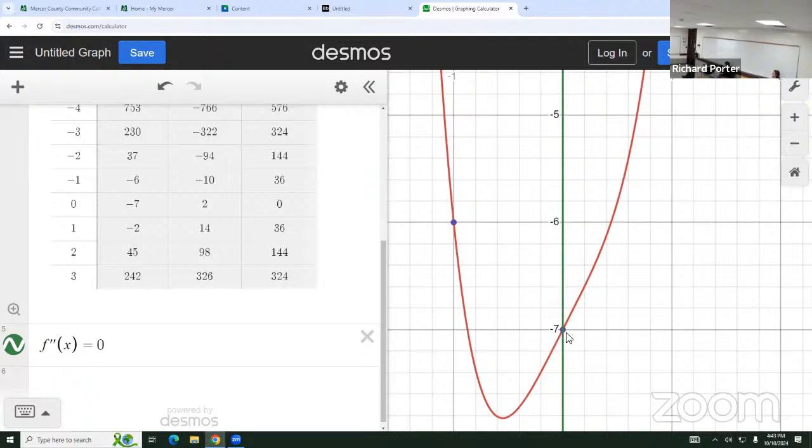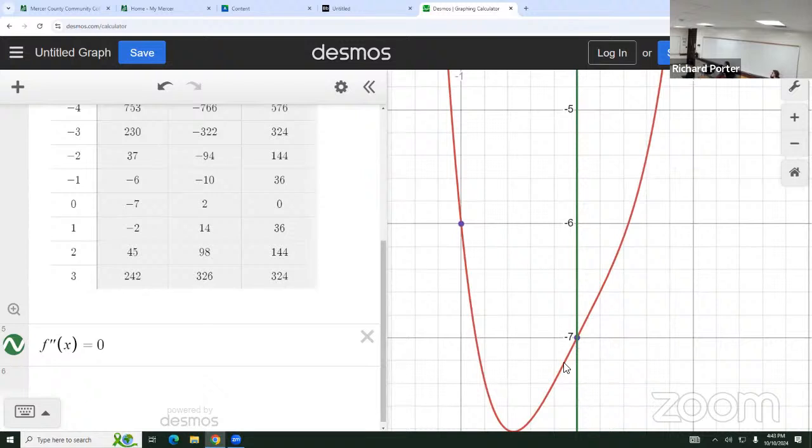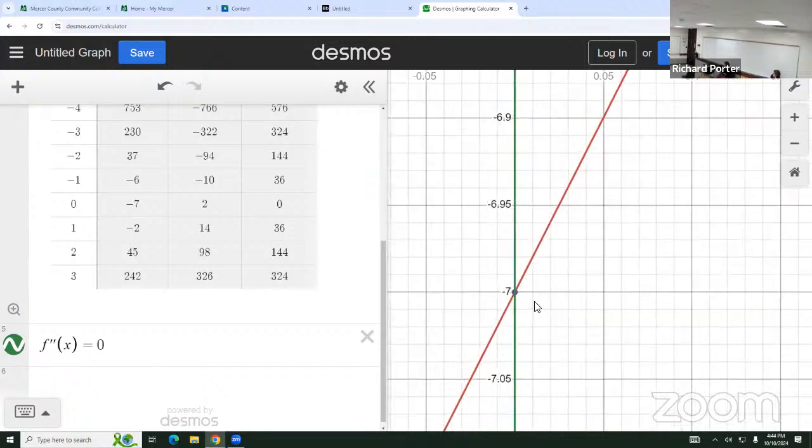So this is really not an inflection point. Even though the second derivative is 0, it's not changing sign. It went from positive to positive, so no, not an inflection point. It's just that the curve was curving like this, and then for just a second it went flat, and then it curved again. Usually there's more than one, though. I really was hoping there would be 2.